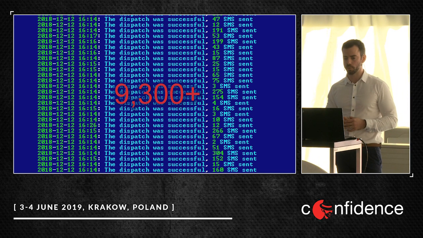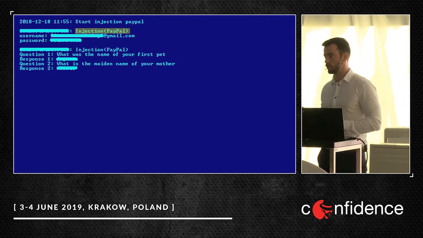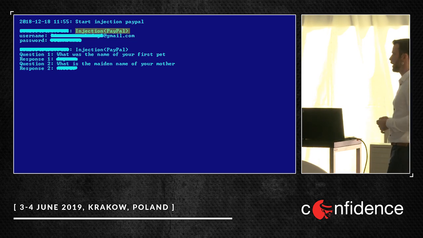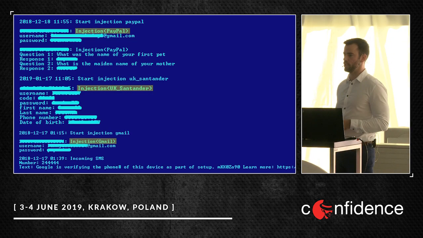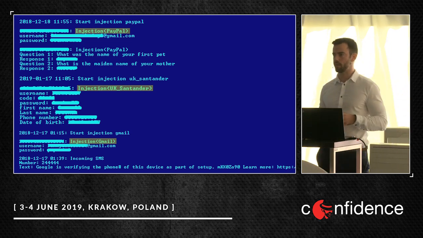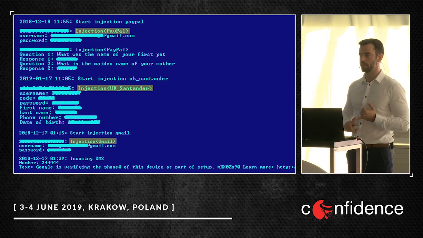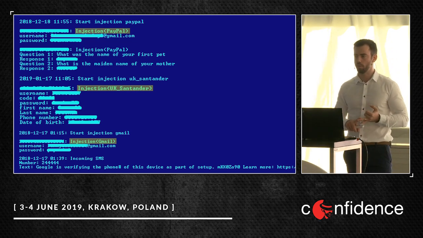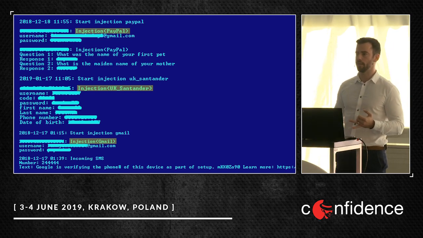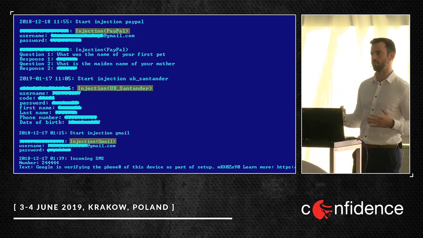Besides that, it was also successful at gathering credentials for financial apps, including security questions, banking apps, and also Gmail accounts, which is really interesting because once the attacker or Anubis has access to your 2-factor authentication device and your Gmail account, which is for many of us the primary mail account, he can access other services the user is using and reset the passwords.